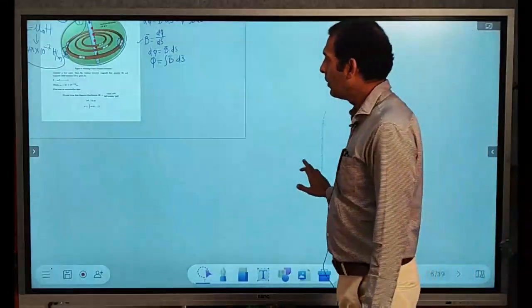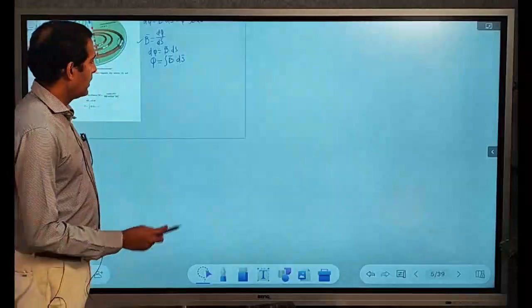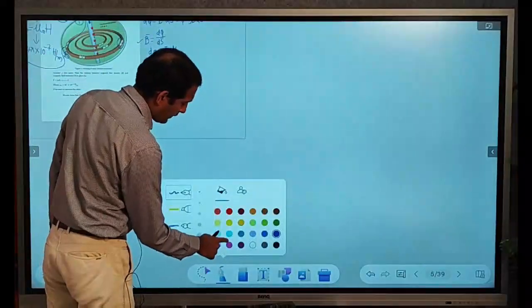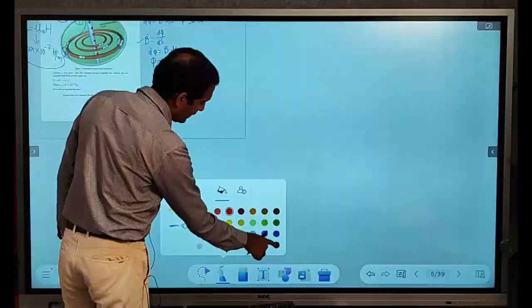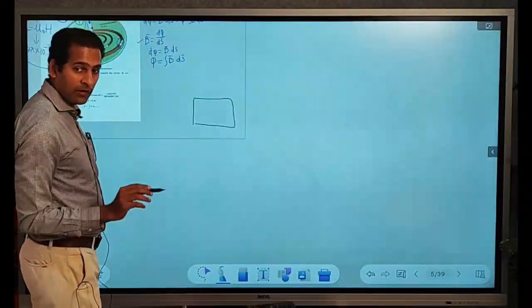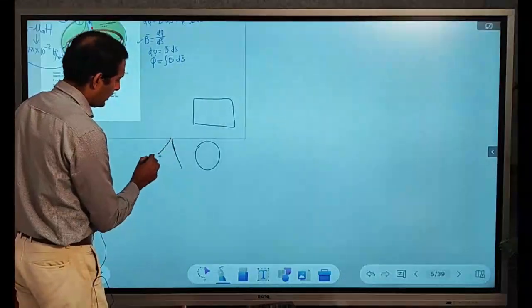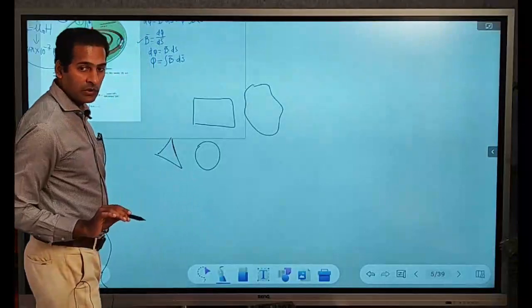Now what does flux crossing through some surface mean? Suppose I have a plane surface. Surface means we will consider a simple plane. It may be a square having two dimensions. It may be a circle, triangle, or any random shape. Two dimensions only.